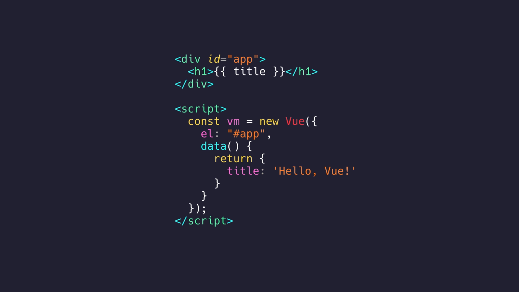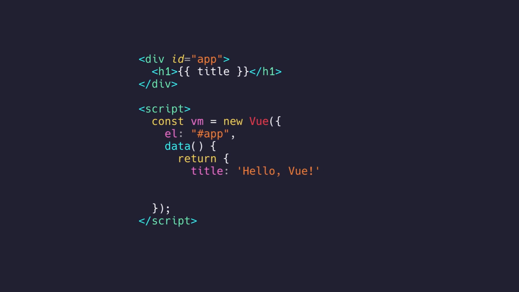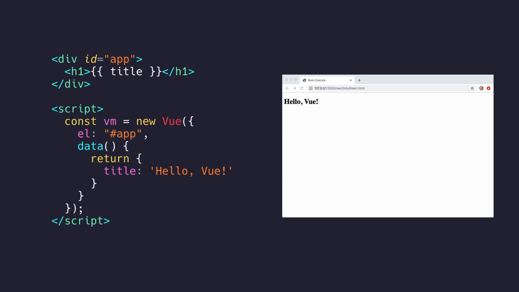So here we have a template with an H1 element, and inside of there, we're displaying title, right? When we create a new Vue instance, we have a data function that returns an object, and inside of there, we have a property called title. Now that title is reactive because of where we are declaring it, right? That is a reactive data property, which means if we were to go ahead and run this, we'd get what we expect.